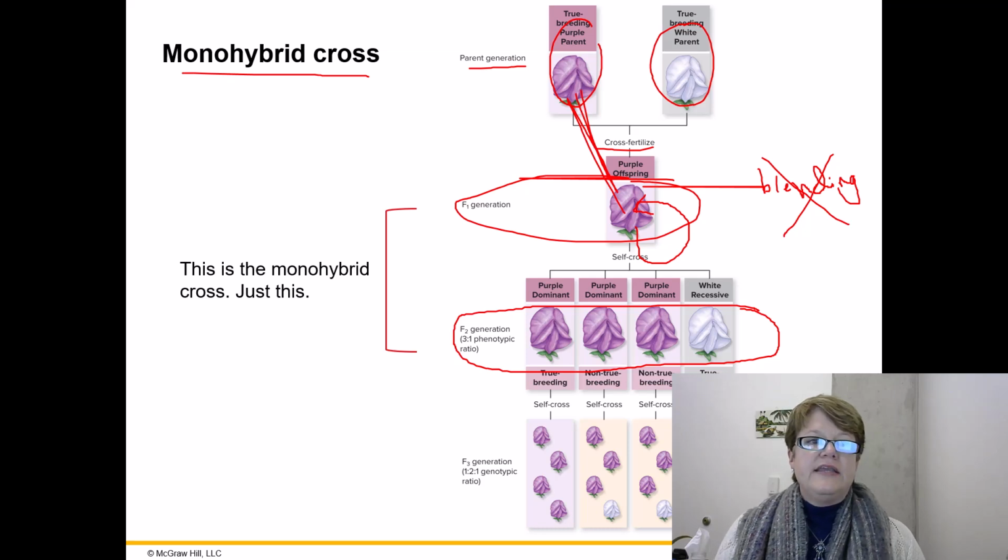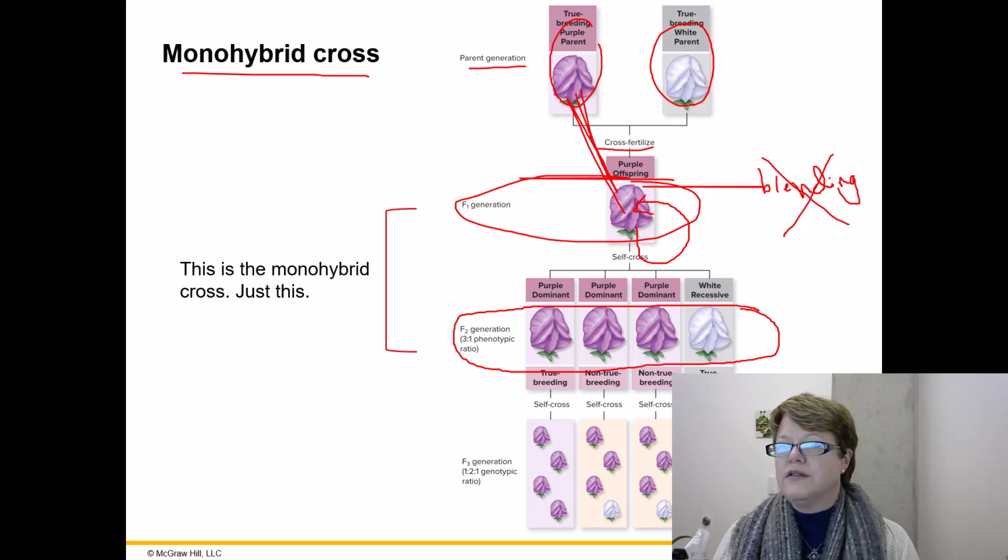And when he did that, he counted a whole bunch of them, and no matter how many he had, it always boiled down to a reduced ratio of 3-to-1. 3 that had the purple color flowers for every one plant that had white flower color. And so that also confused him.